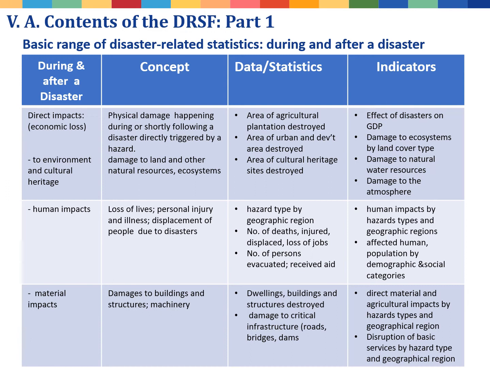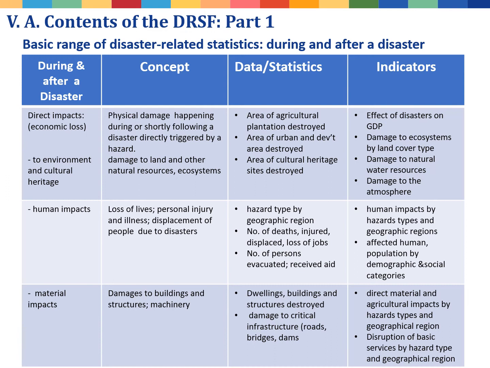And it also shows the data and statistics that are required to be able to measure the direct impacts of disaster. And also, it shows the indicators that will be generated out of the statistics.